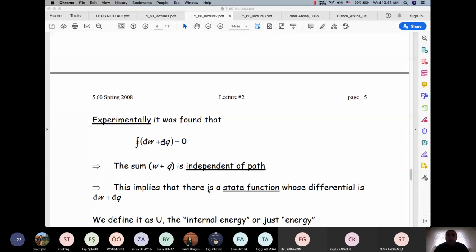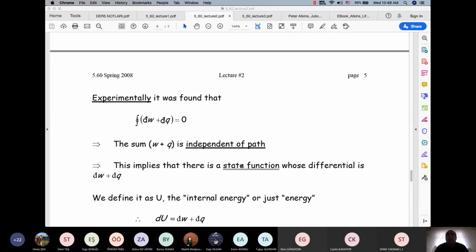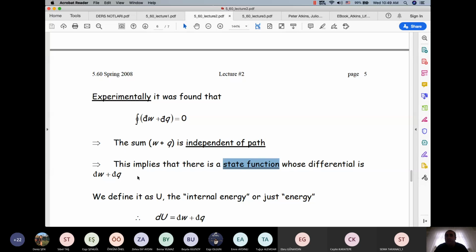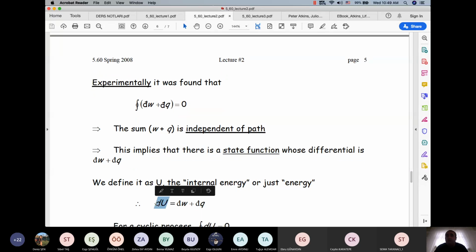So there must be a state function that defines this sum, whose differential is given by this formula. The infinitesimal change must be a state function, which means there is no bar on the d. There must be some unit, which is the U that we are going to show now. So that has a combination of two path variables, but it is itself a state function, a state variable.